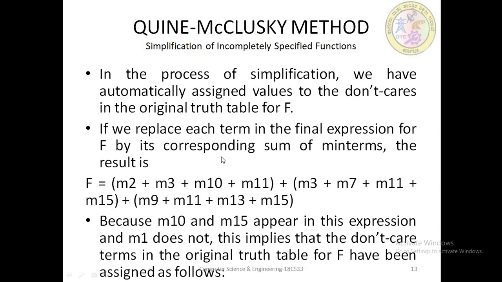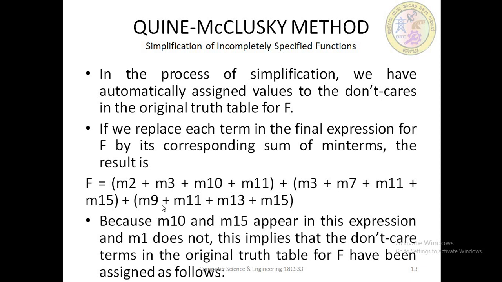Because M10 and M15 appear in this expression and M1 does not, this implies that the don't care terms in the original truth table for F have been assigned as follows.